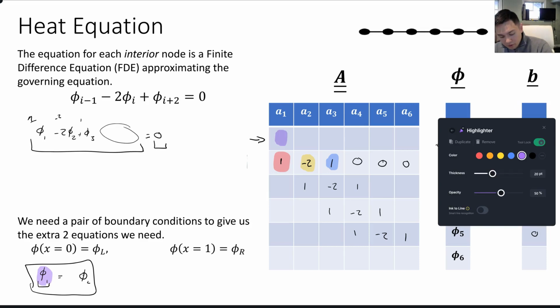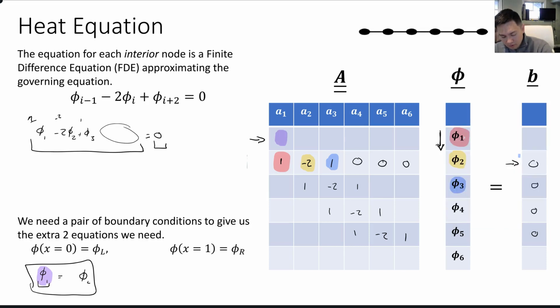So I would get a coefficient of 1 and then zeros for the rest of the row. My right-hand side would be my phi L value. Similarly, for my last row, I would have zeros everywhere except for my most extreme term on the right edge, which would be multiplied by phi6, which would then be equal to phi R.